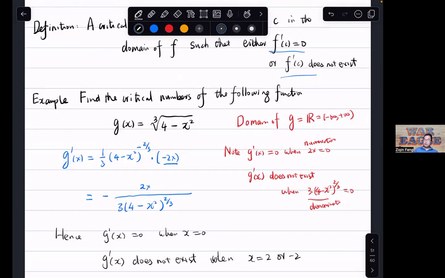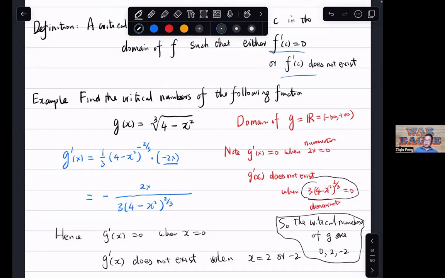You can solve this equation: divide by 3 first, then raise to the power 3/2. You get 4 minus x squared equals 0, which means x is either 2 or -2. So the critical numbers of g are 0, 2, and -2. That's our final answer for this problem. And so that's it.